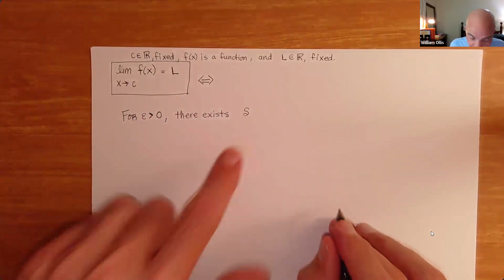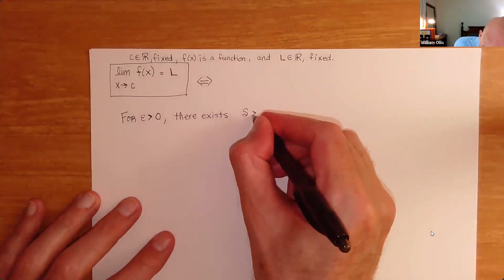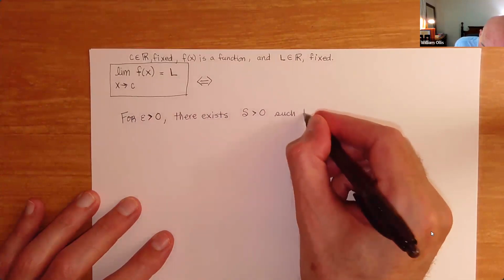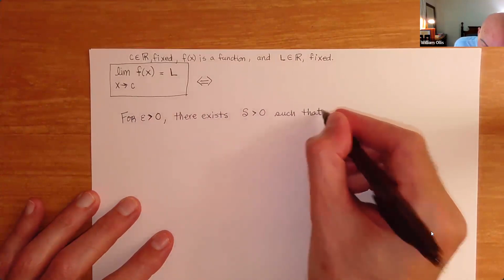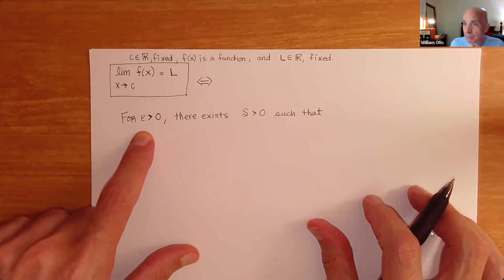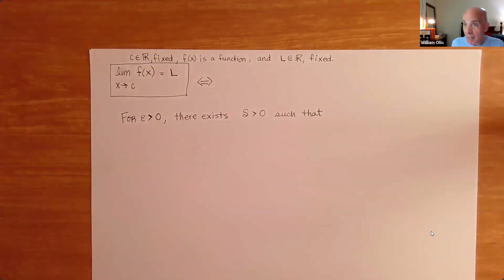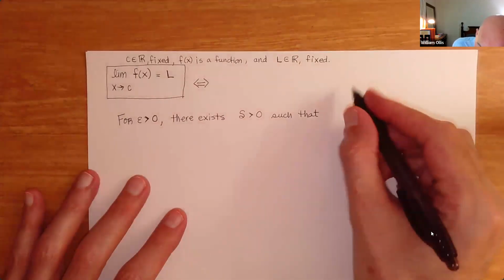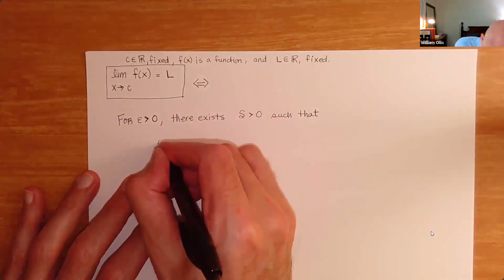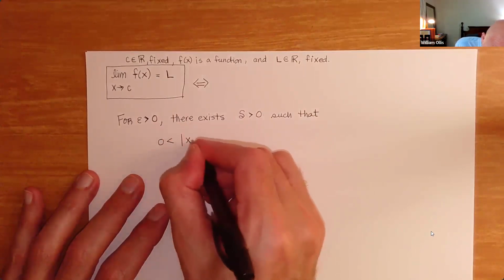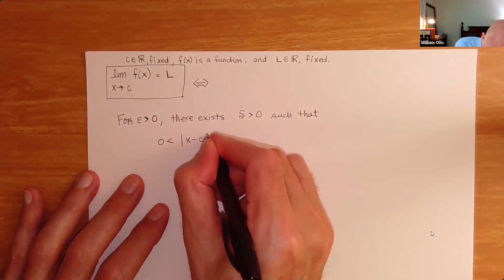So epsilon and delta, there's a positive delta such that, now, many times it will be the case that the delta will depend on the epsilon. But for right now, we'll just go forward with this. So for epsilon positive, there will be a delta such that, again, we use our absolute values. That is the absolute value of x minus c.